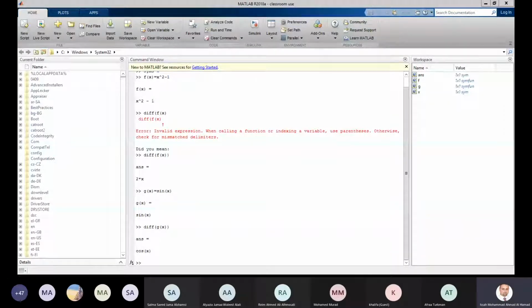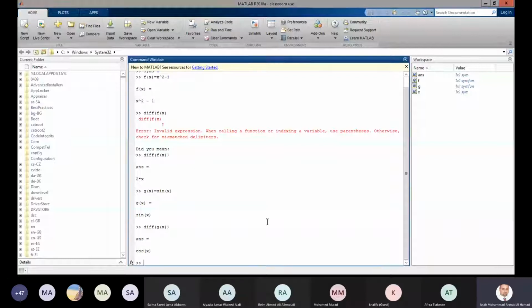Now, if you have a polynomial function, something like x^2 - 1, usually polynomials can be entered in MATLAB in the following form.